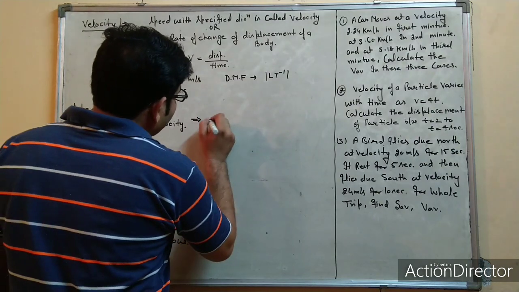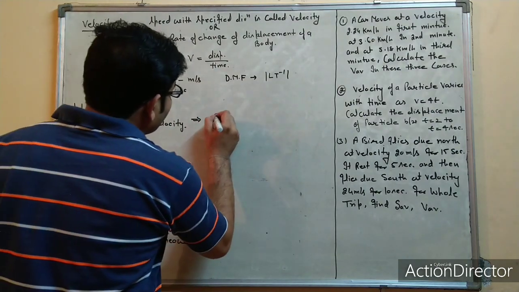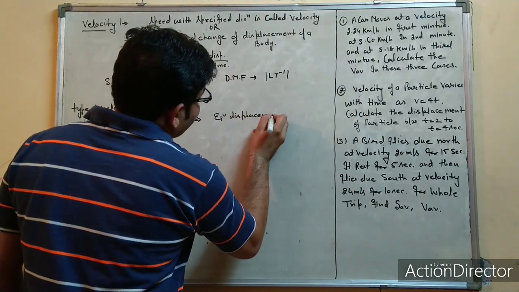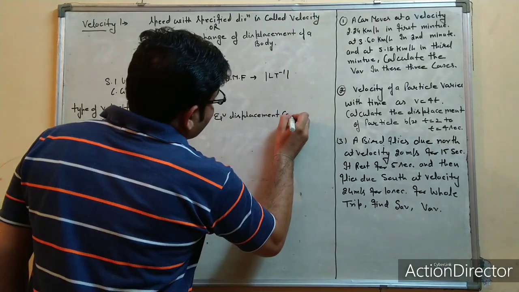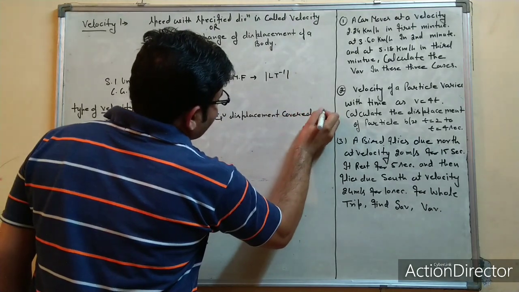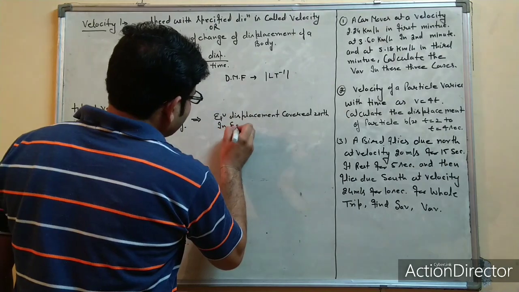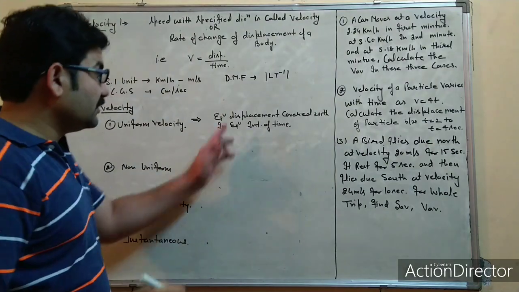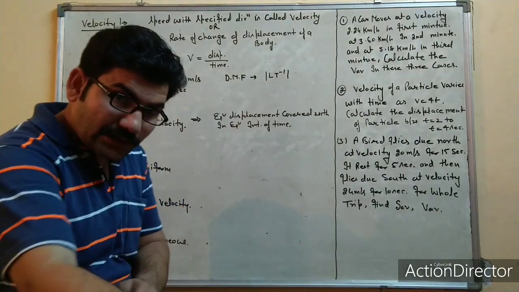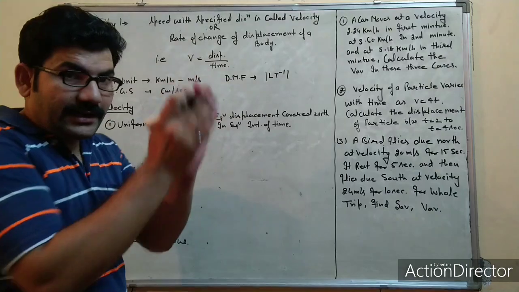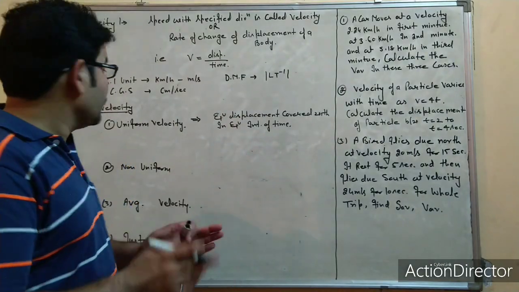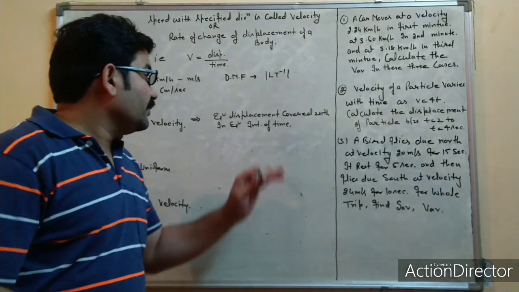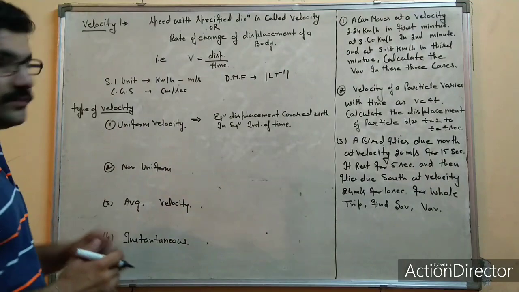It means equal displacement covered within equal intervals of time. This is about magnitude and direction also. If the magnitude and direction of the displacement are the same with respect to time, then such motion is called uniform velocity.